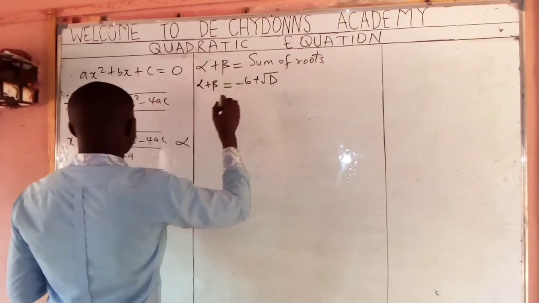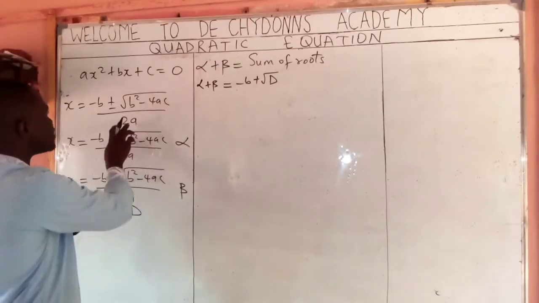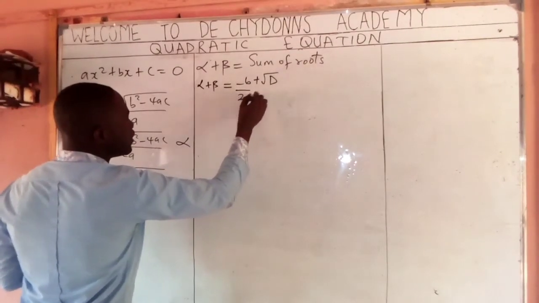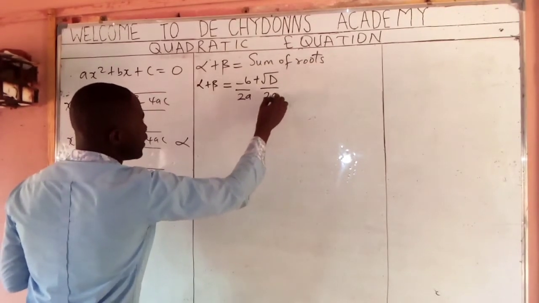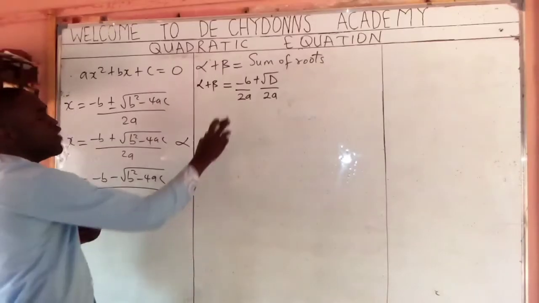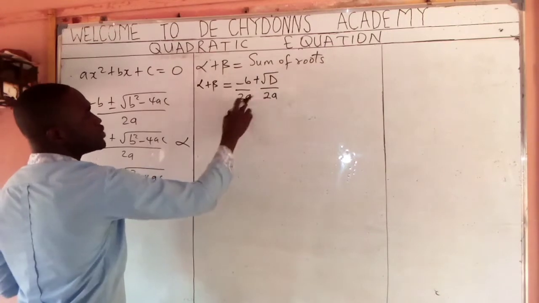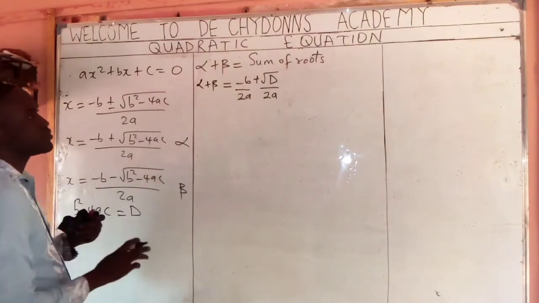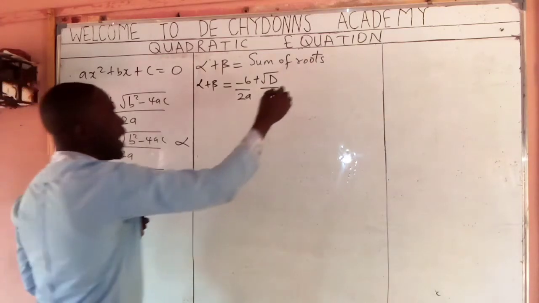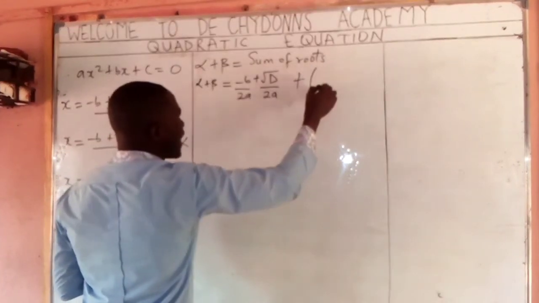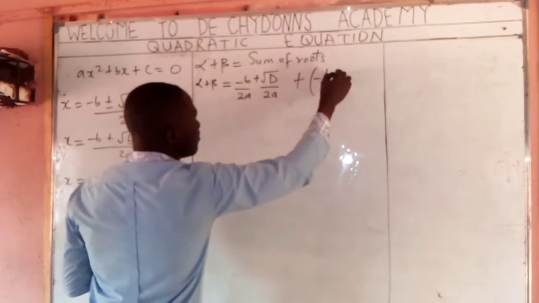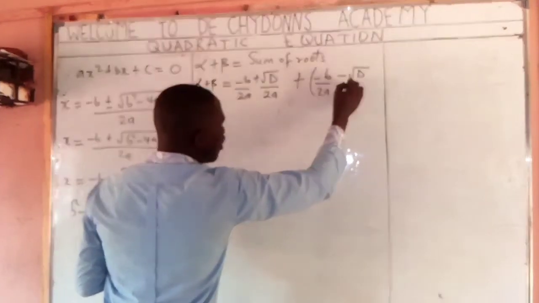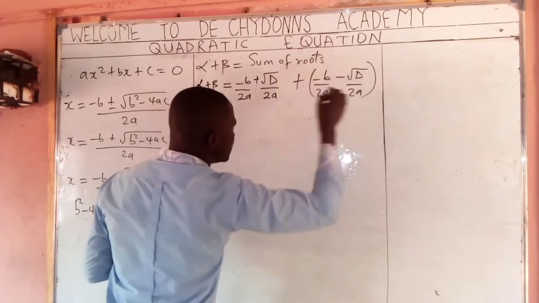All over 2a. And all over 2a means that this is over 2a, this is over 2a. Yes, if you look for the LCM of this whole thing, it will give you back this. Then you say plus bracket minus b minus root D all over 2a.